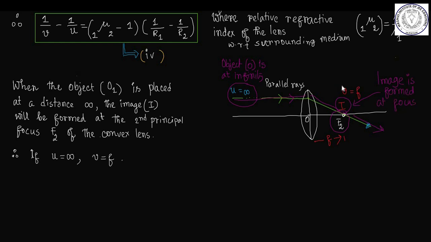That's why, if U is equal to infinity, the image distance V is equal to f.